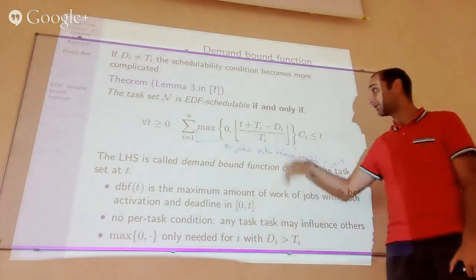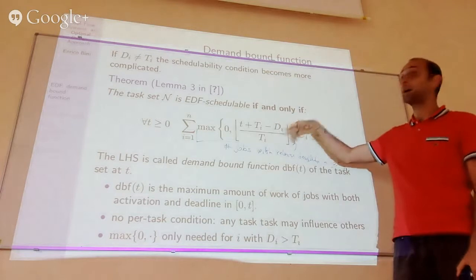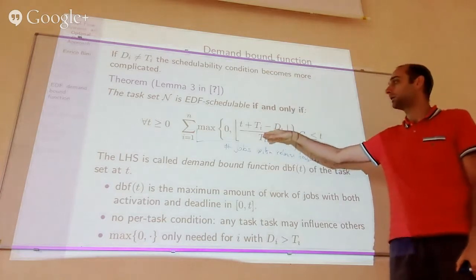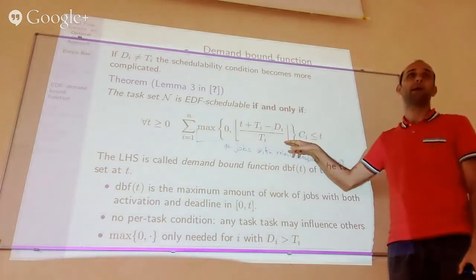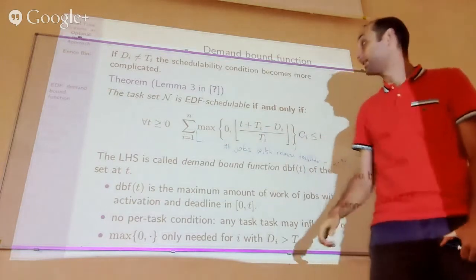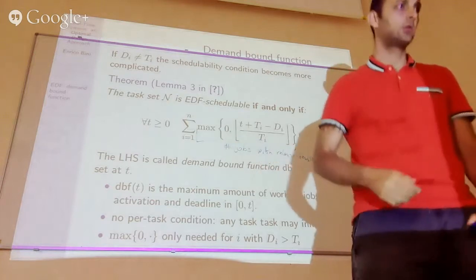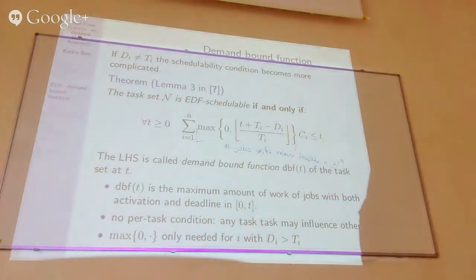While if Di is very large, as you can see here, Di has a minus sign. So if Di is very big with respect to t, this can become negative. That's why you may need the max with 0. Otherwise, if you remove it, you get a negative number of jobs, which is really not what we want. Of course, you can ask me questions anytime.